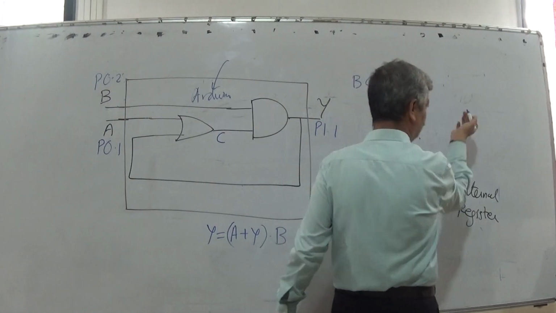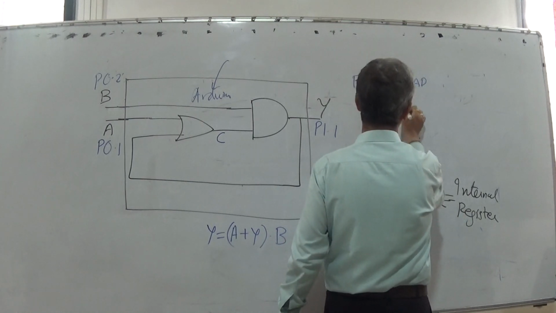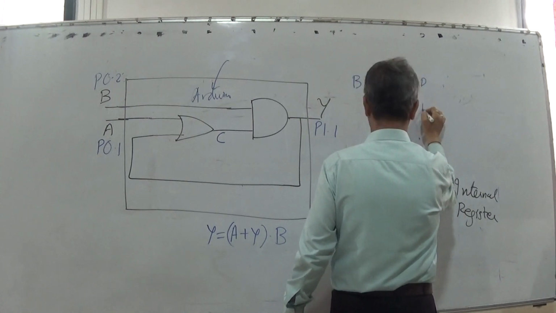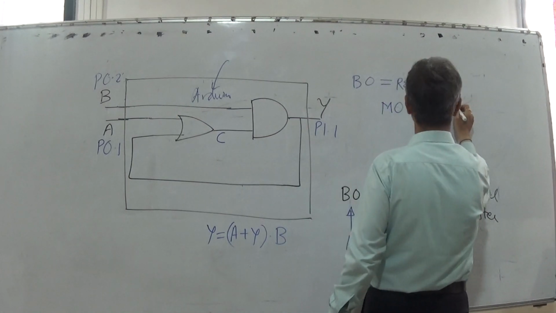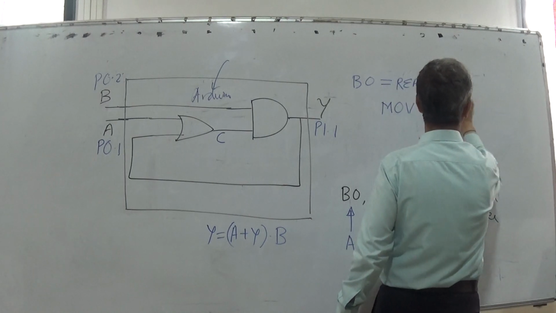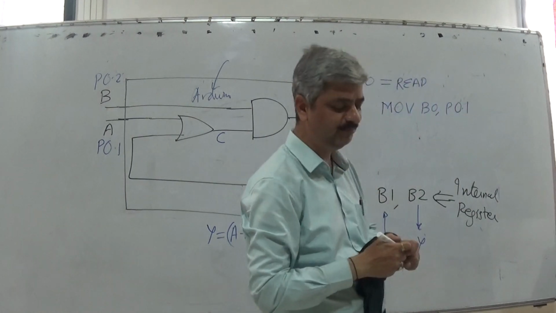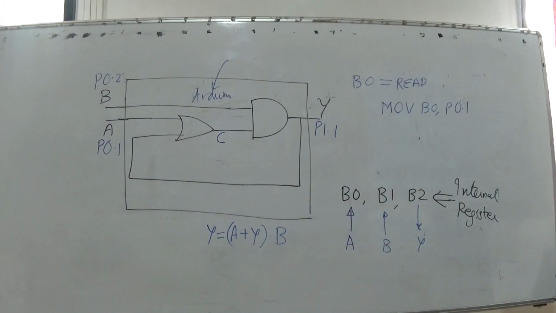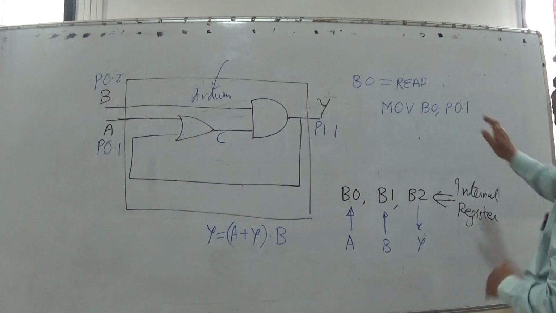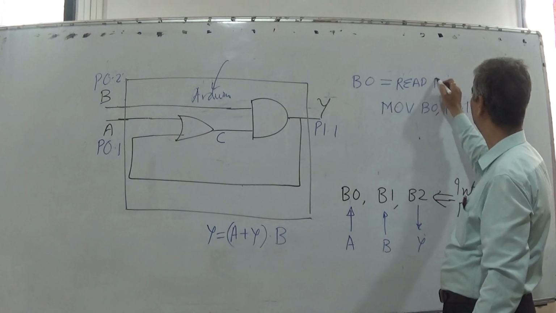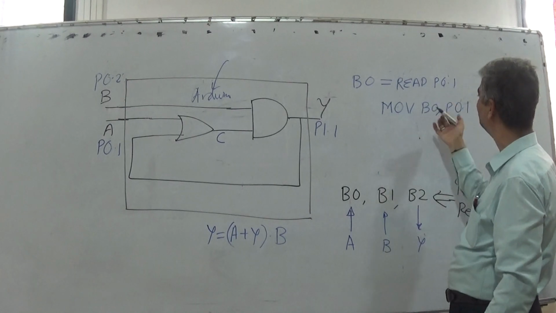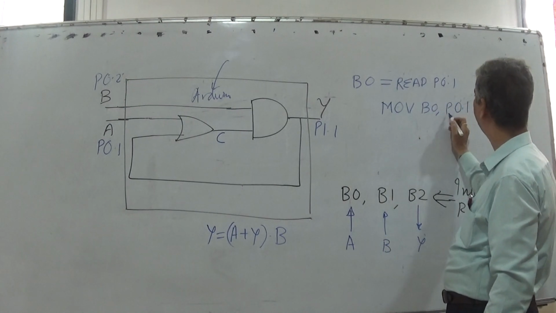Or we can also have some instruction like move bit B0, comma, pin 0.1. This is also an instruction, a move instruction format moving an external input pin to a bit inside the register of the microcontroller. So it can be either B0 equal to read port 0.1, or move B0, P0.1.